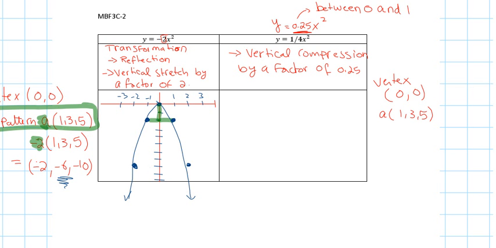So 0.25 times 1, 3, 5. 0.25 times 1 is 0.25. Then 0.25 times 3 is 0.75. 0.25 times 5 is 1.25.